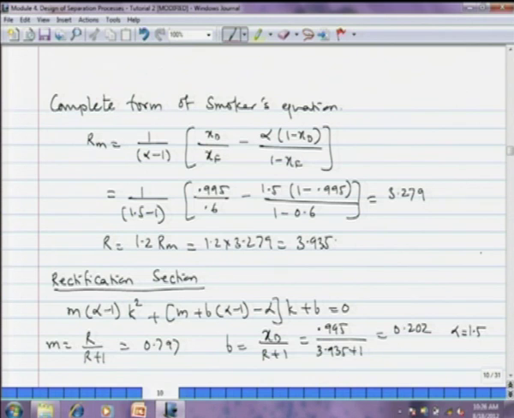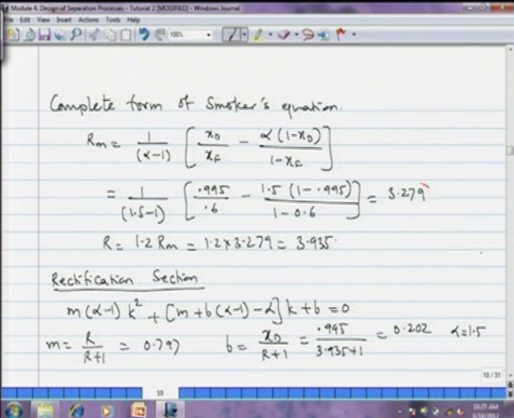Rm is equal to 1 divided by alpha minus 1 into the bracket xD by xF minus alpha into 1 minus xD divided by 1 minus xF, and now we substitute all values that we have: alpha equal to 1.5, xD equal to 0.995, xF equal to 0.6. So these are the values that we are putting in, and then reflux ratio can be calculated.